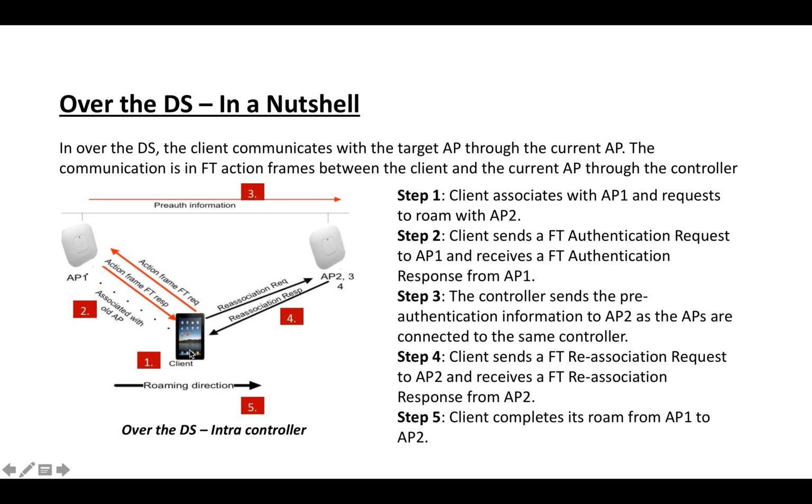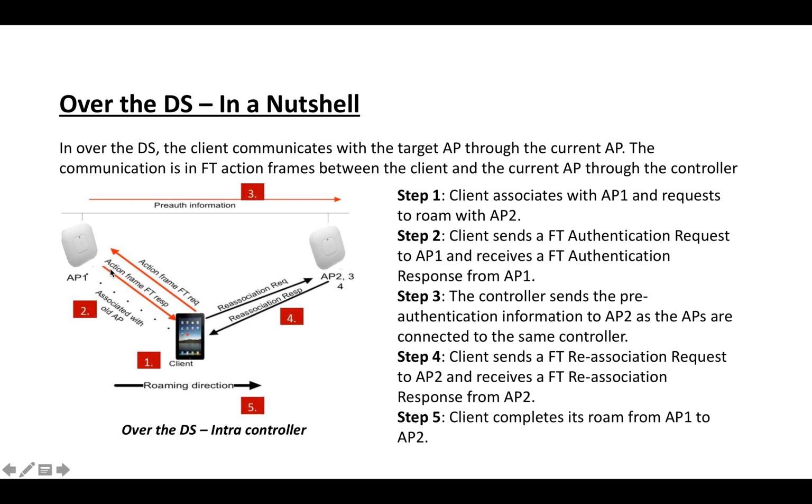In this case, instead of sending all the messages over the air, there is a distribution part involved. The authentication request, in terms of an action frame, is sent out to AP1. The AP1 responds back to it.